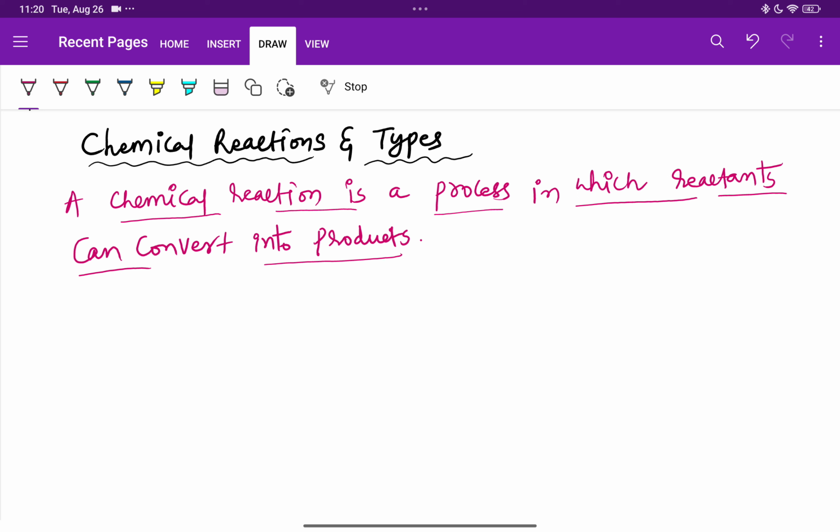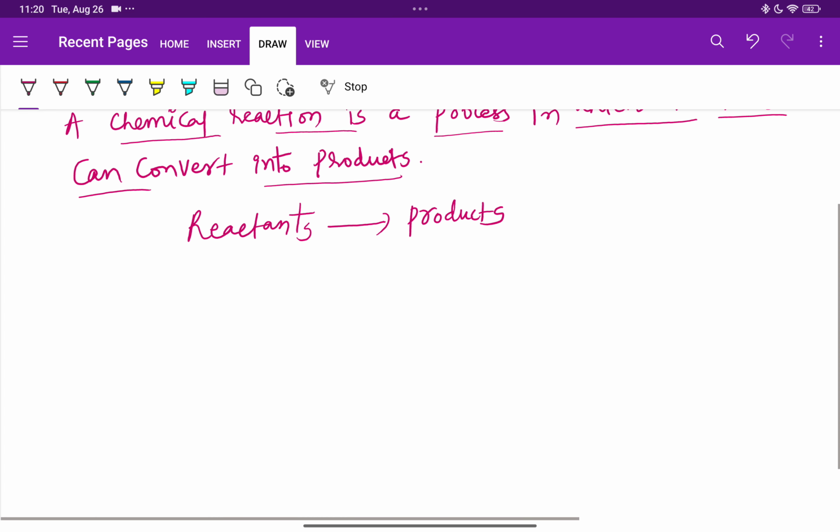So we can show with the help of a simple process, that is, reactants gives products. So this is the method to show a chemical reaction in a simple way. And you need to remember, when a chemical reaction happens, old chemical bonds are going to break and new chemical bonds will form.